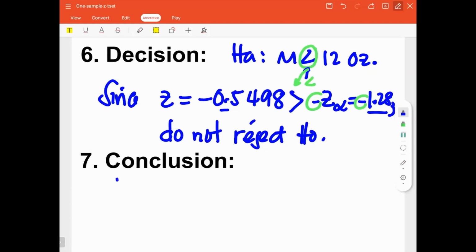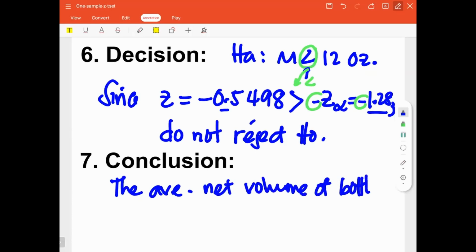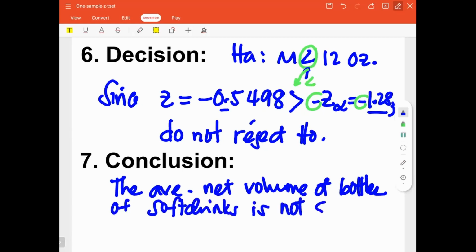We would then say, therefore, the average net volume of the bottles of soft drinks is not significantly less than 12 ounces.